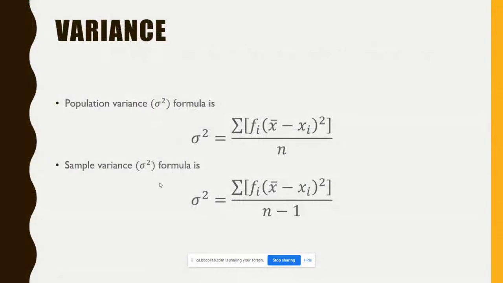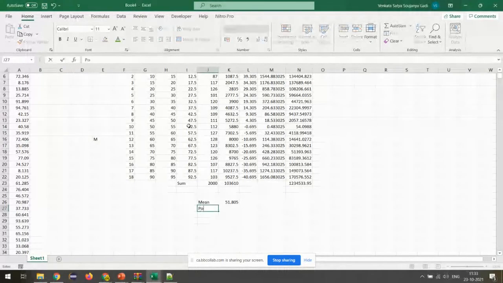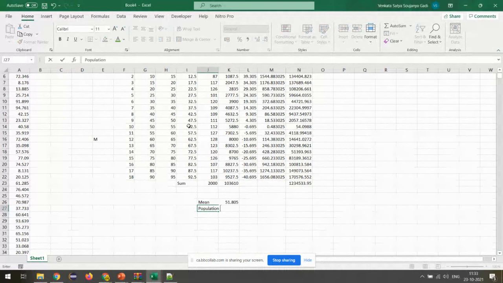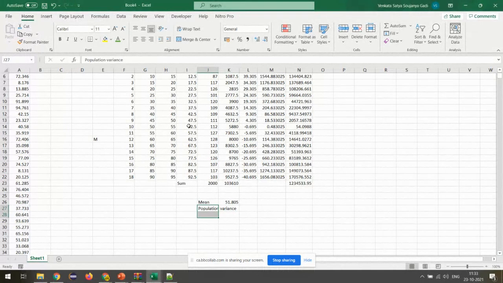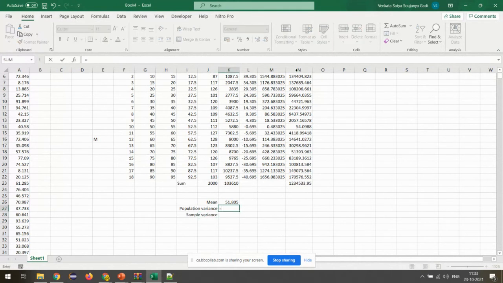One is population variance, another is sample variance. So population variance is this sum divided by the total number of data elements.